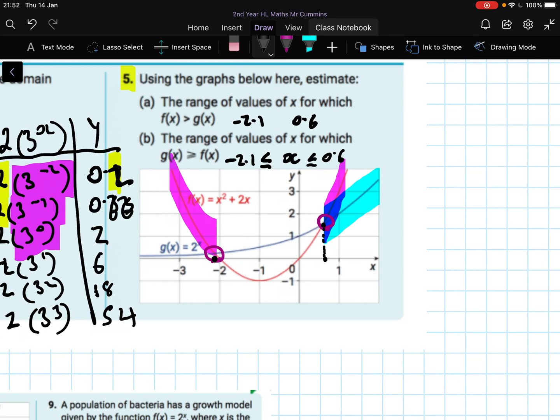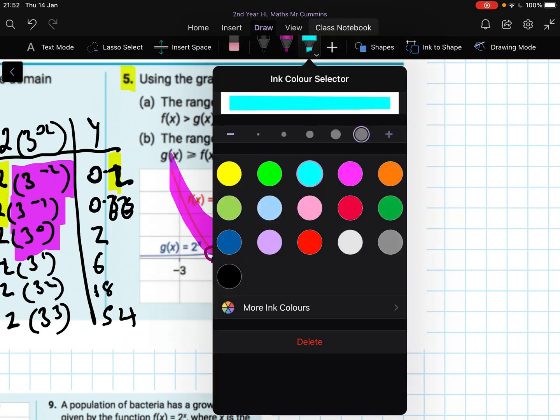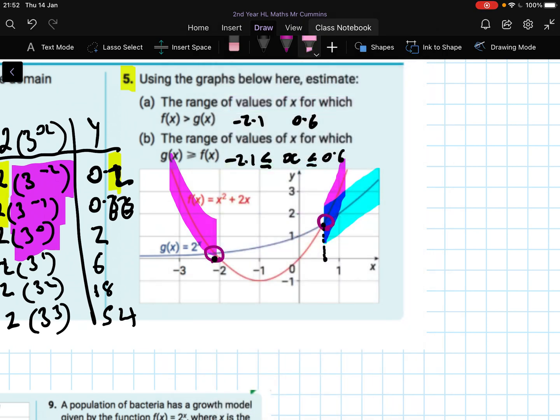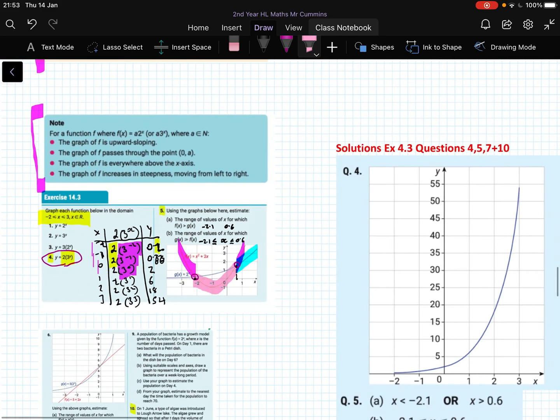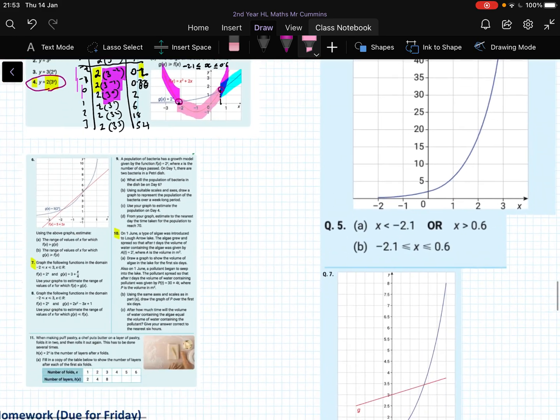So they're going to say everywhere in between, where g of x is going to be greater than f of x. So what they're asking you to do is basically, with a different color, from here down as far as here. Okay, right, and that's question 5 done for us.